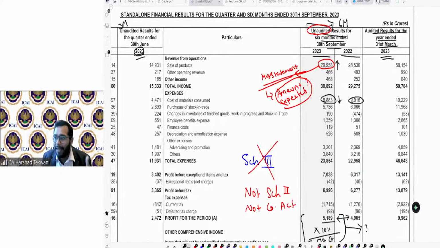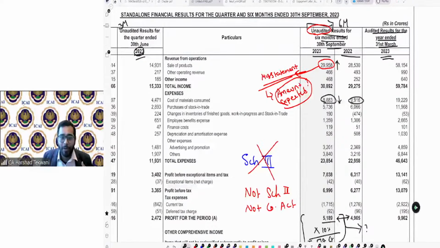For example, let's say there is an area where there is no provision for doubtful debts. You have identified, while doing inquiry or analytical procedures, that the management forgot to provide for doubtful debts. Now, what would you do?